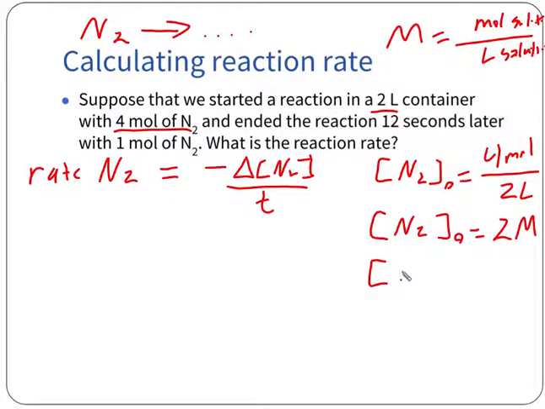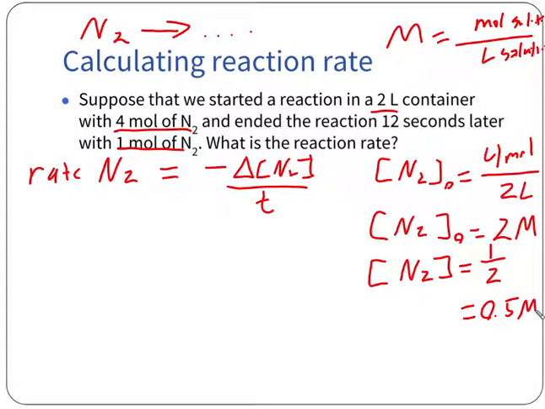Our final concentration of N2 is going to be the same thing: number of moles, which afterwards is 1 mole, divided by the number of liters, which is 2 liters. So that's just going to end up equaling 0.5 molar.